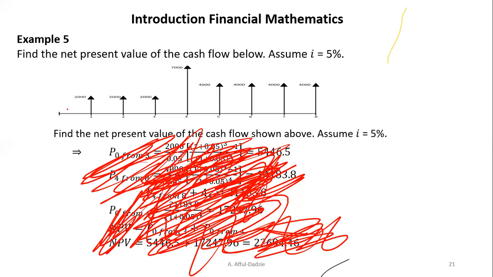It starts with a certain inflow of 2,000 for the first 3 years. Then it shoots up to 7,000, then it shoots down to 4,000. Tell me, how do we go about it? I want a framework. Someone should give me a framework for how we go about it.